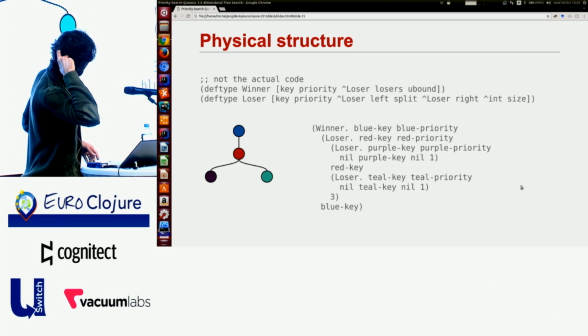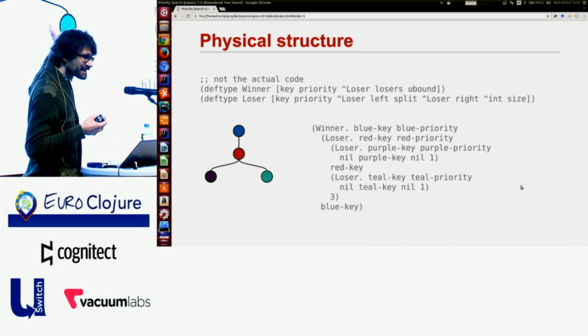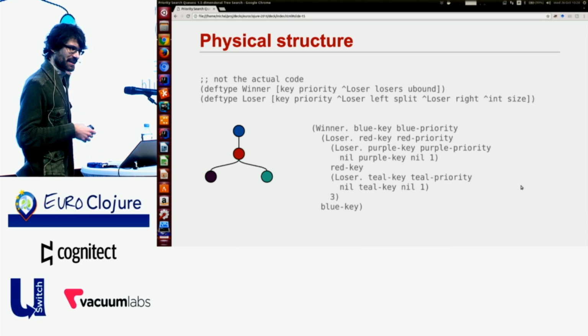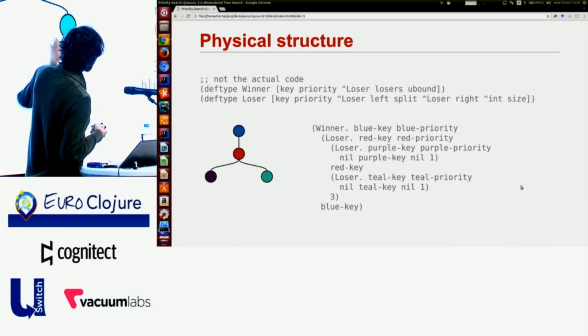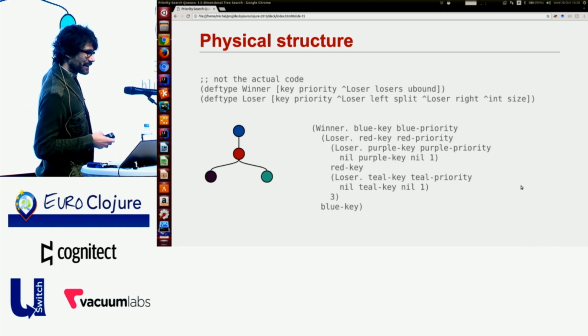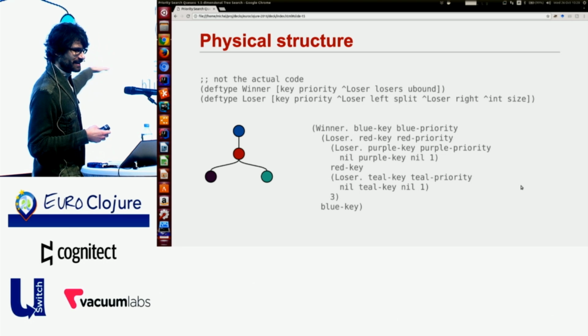And the way this is represented at runtime is roughly like this. This is not actual code. In fact, the way it's written, it won't even compile because of the type hints. But it gives you the right idea, right? So we have our pennant. The overall pennant is represented by a winner node. It stores the winning key, the winning priority, the entire tree of losers, which is a branching tree, right?